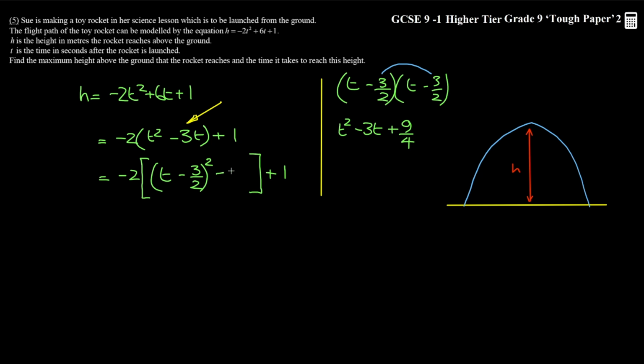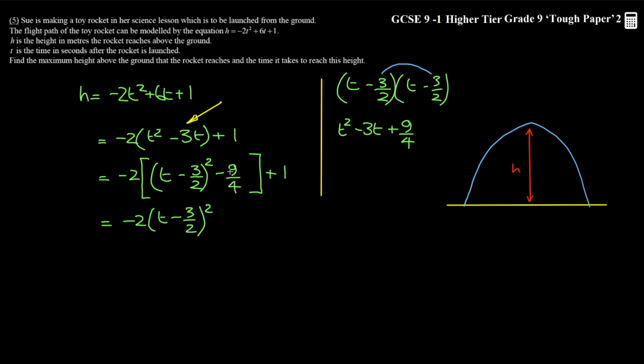So we need to take that 9/4 immediately away from our multiplication, or we're going to change the value of our bracket here. And the big mistake is that that 9/4 is under the influence of the -2. So let's multiply out. So this is -2, and we've got our now completed square term here.